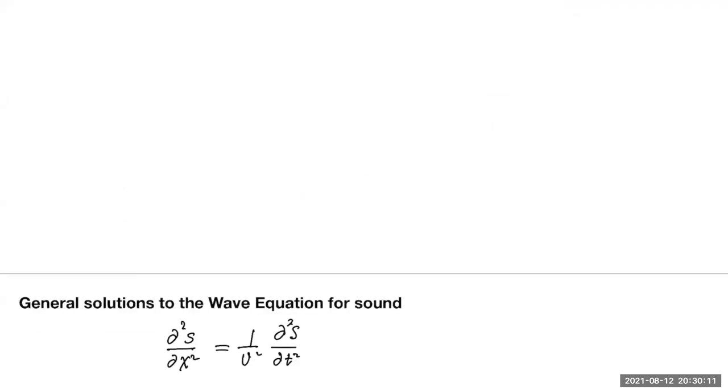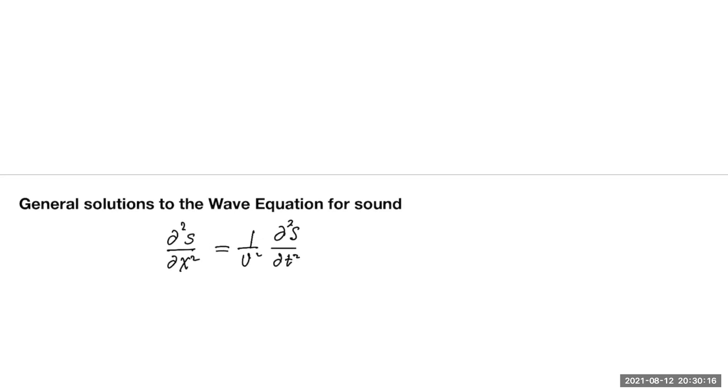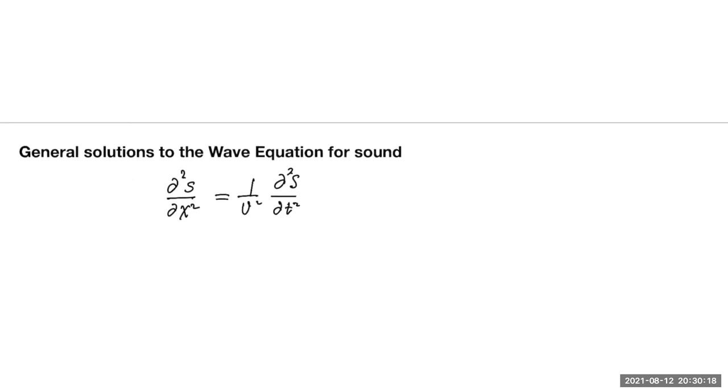All right. Now, let's take a look at the general solution to the wave equation that we just obtained. We found what V is by comparing this wave equation with the standard equation we saw in the previous chapter, for the wave on the string. We in fact found the general solution to that equation.